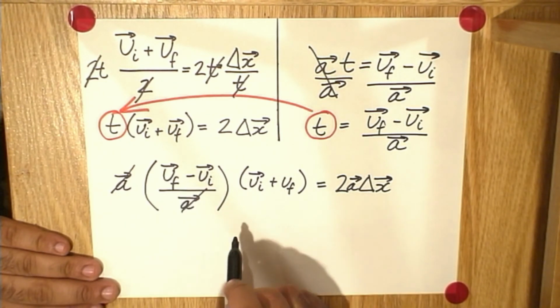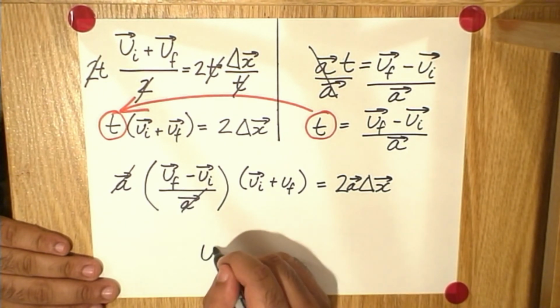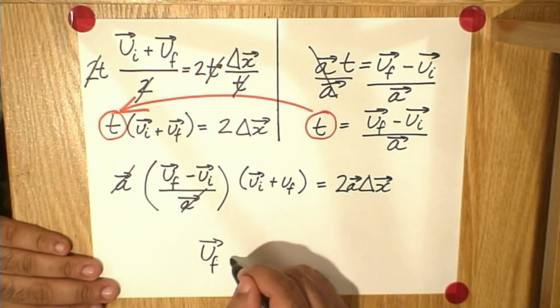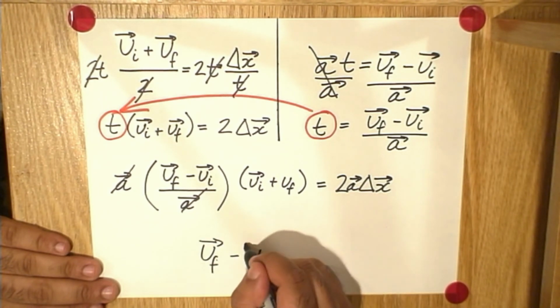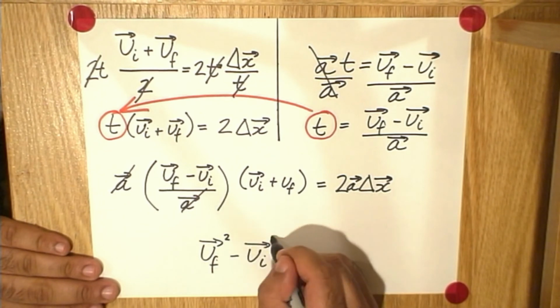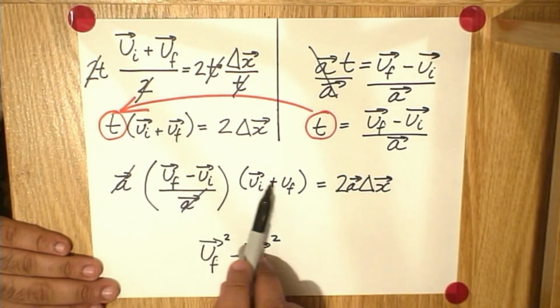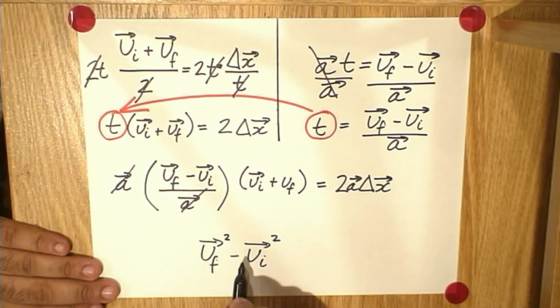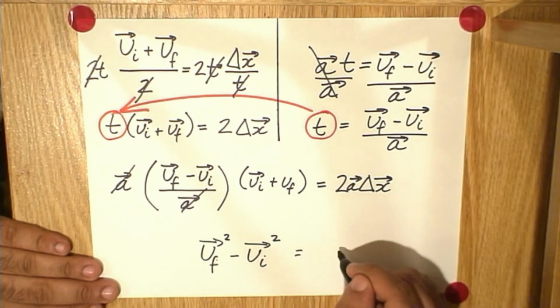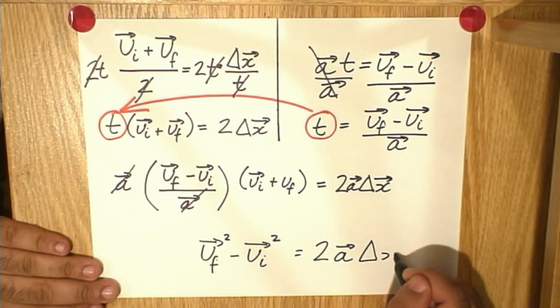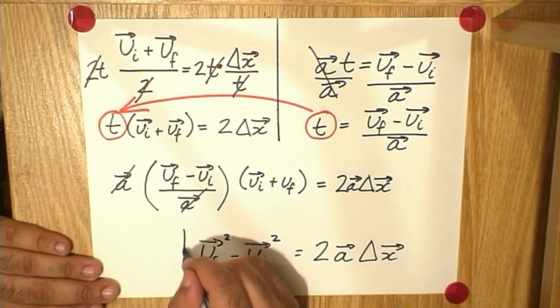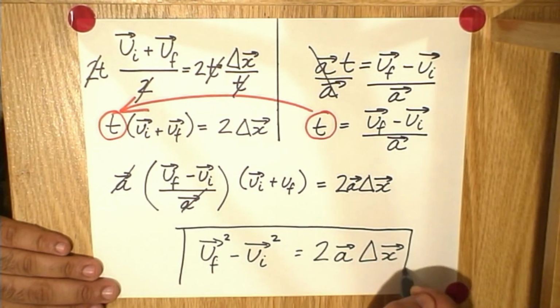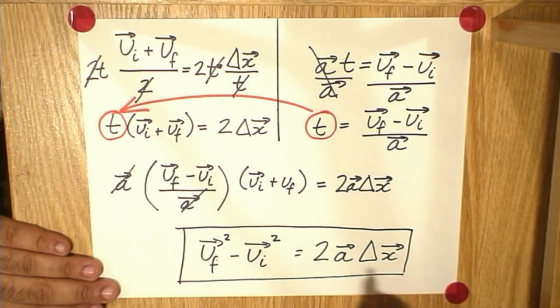So whenever we have that, these two binomials will multiply together to give us v final squared minus v initial squared, and all of that is equal to 2 times a times delta x. So this here is the fourth toolbox equation.